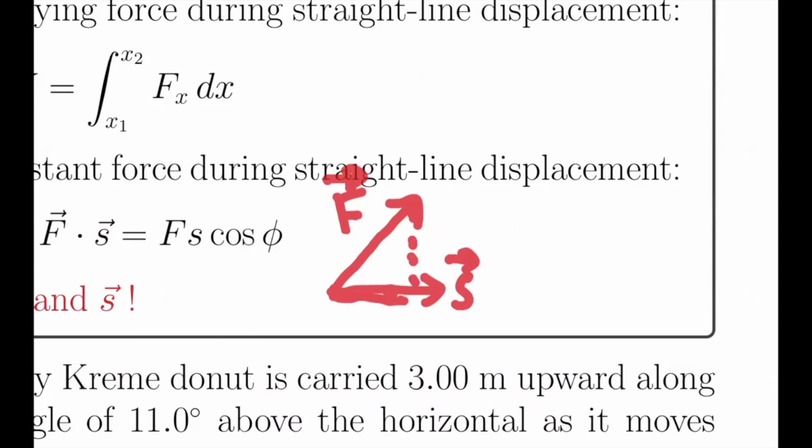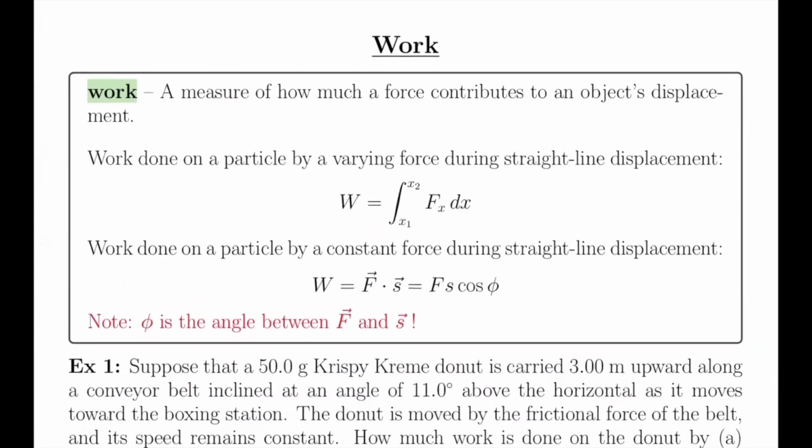We're looking at like this, Fx. So that's where dot products come in because dot products are related to how much one component of a vector lies along the other vector. Or you could just memorize equations and not think too hard about it. I don't want to get too deep into the vector dot product stuff, so we're just going to use F s cosine phi a lot.